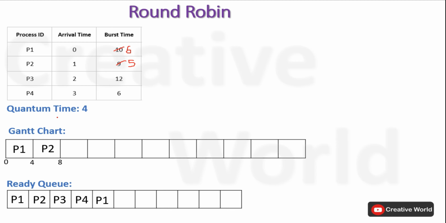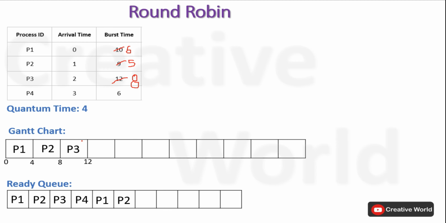After the completion of quantum time, this process P2 will be shifted into the ready queue and the next process will be executed. So P2 is shifted in the ready queue and the next process is P3. So it will be executed for 4 quantum times up to time 12. Burst time of P3 was 12. So after the execution of 4 times, the remaining burst time is 8.